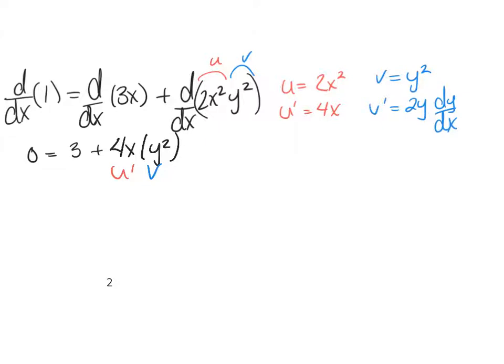And then plus v prime, which is 2y dy dx. Now, if you have a tendency to lose that prime, instead of writing y prime, write dy dx, because you won't lose it. And then I'm going to multiply it by 2x squared. So this is v prime, and this is u.